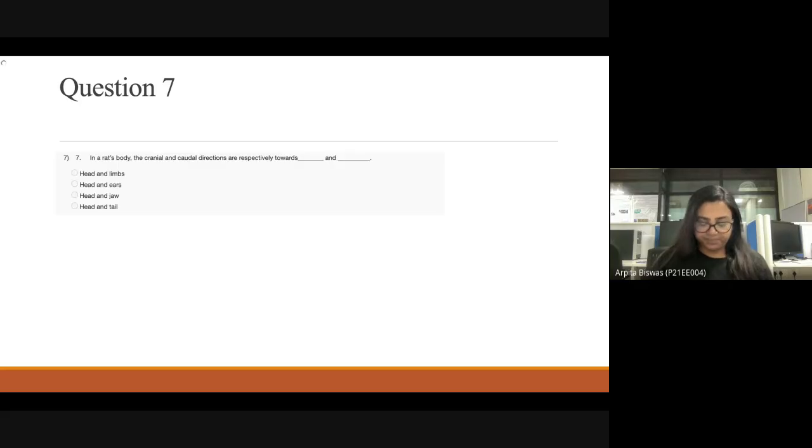And fourth option is the head and tail. So please try to solve this question.